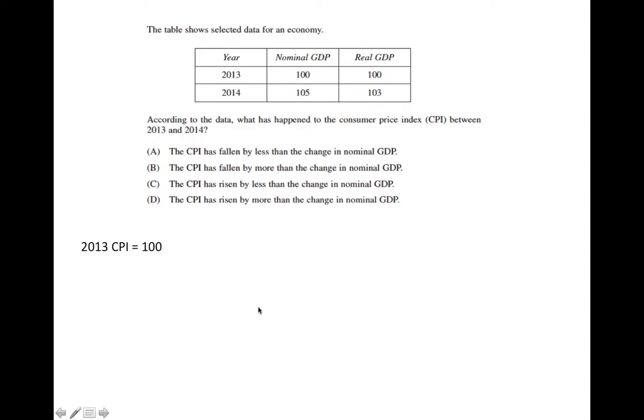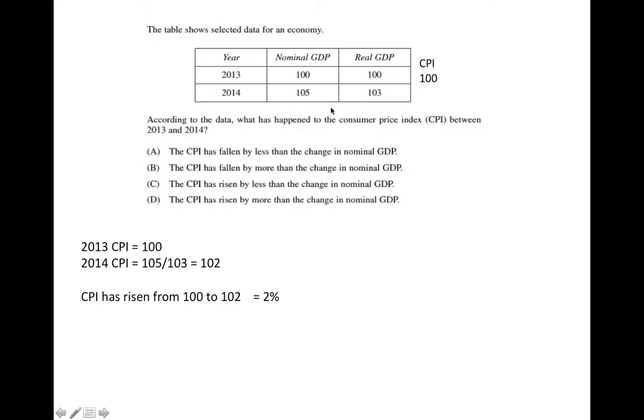Okay, so in 2013 we can have a look. CPI would just be 100. Okay, there's no difference between nominal GDP and real GDP. So CPI is 100. I'm just going to add it up the top here. Okay, but what about in 2014? We can see there's been a change. In 2014, CPI, and how we work that out is basically the difference between nominal GDP and real GDP.